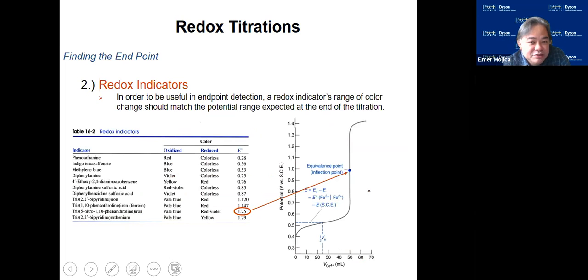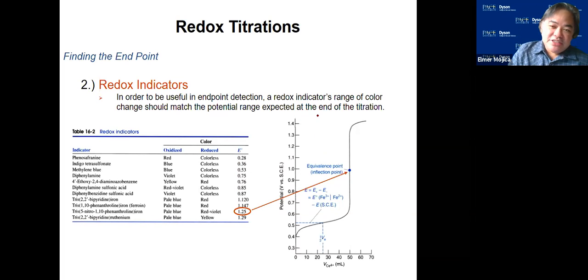And the way that you look at this reduction potential with the other redox indicator, this one has 1.25 compared to the other one here. In order to be useful in endpoint detection, a redox indicator's color range should match the potential range expected at the end of the titration. So what does this mean? If you're working at 1.25, you use the one that has 1.25, just like in a pH indicator.